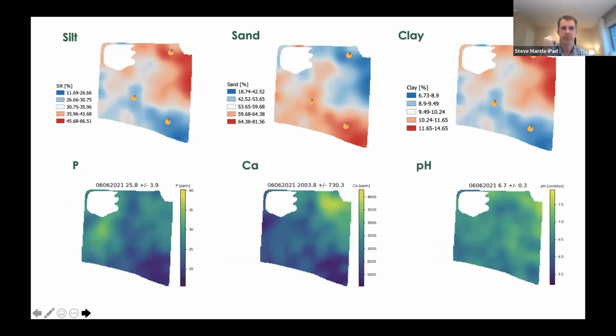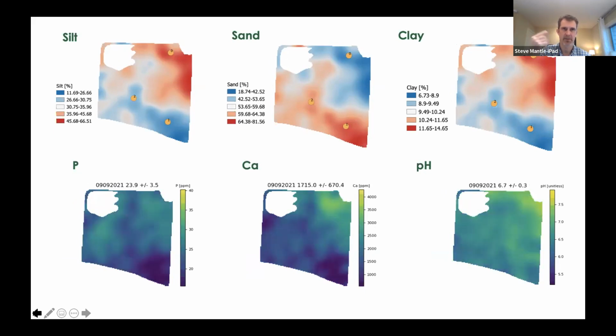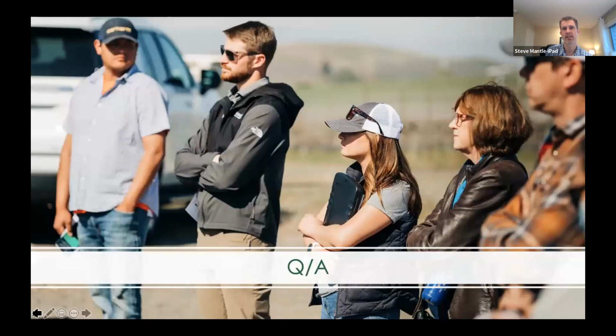Good. I think one of the real fun pieces of the journey here with Caleb is this isn't just about us coming out, doing the mapping, and then great, here's your report. It's about exploring the data relationships.